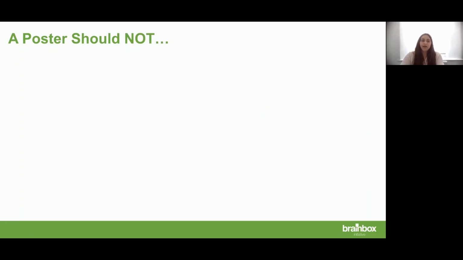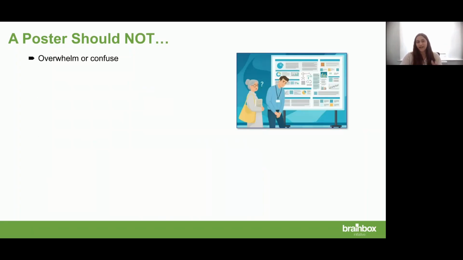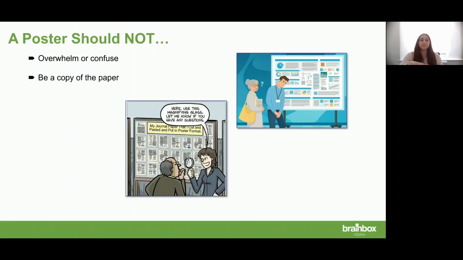Okay, so what a poster should not be. It should not overwhelm or confuse. You don't want to include so much information that whoever's looking at your poster is leaving your poster overwhelmed, like, wow, that was so much information. I have no idea what was actually happening. You want to make sure no one's super confused when you leave. You also don't want it to be a copy of your paper or your thesis, dissertation, etc. I know everyone here probably spends a lot of time on their research project.